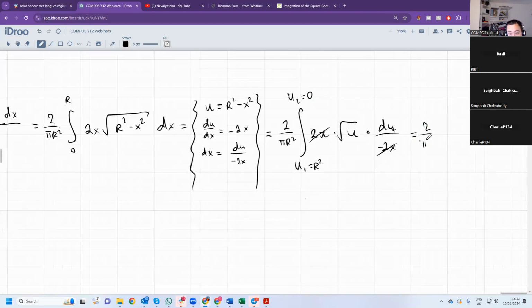So it's 2 divided by pi r squared. There's a minus here, so it's minus u to the power 3 over 2 divided by 3 over 2, between limits r squared and 0.